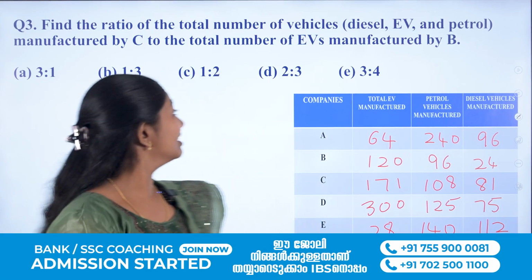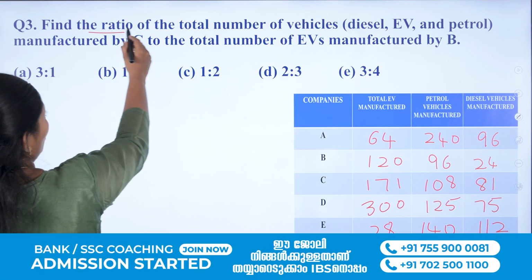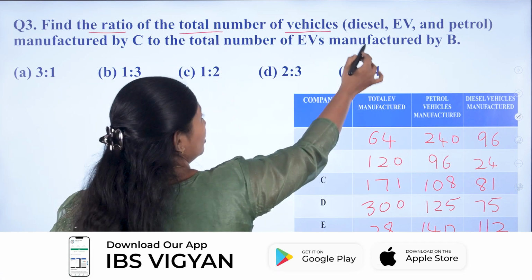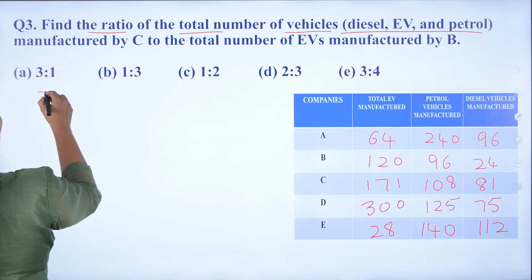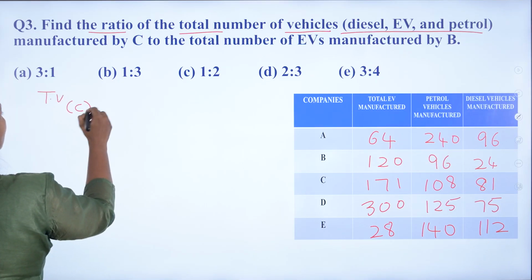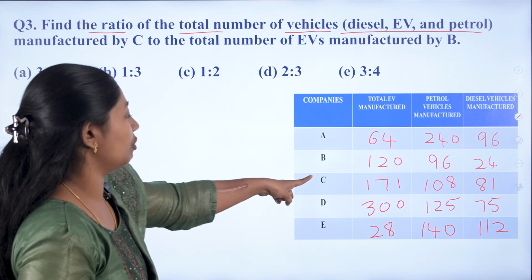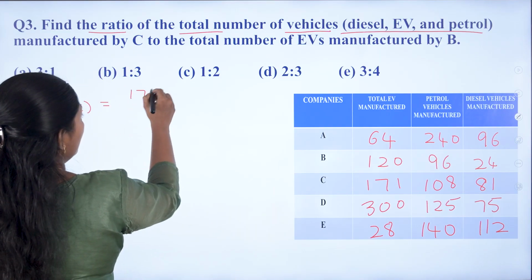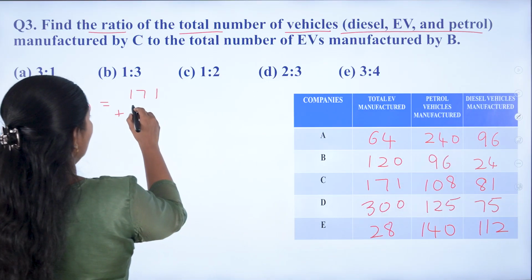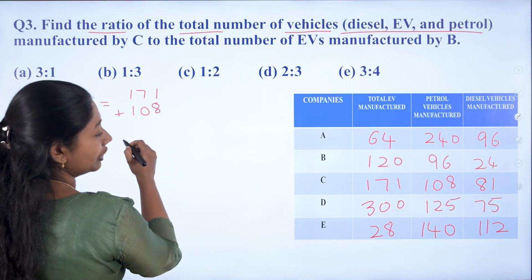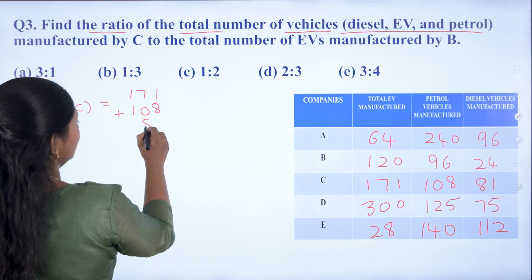So next one, third one, find the ratio of the total number of vehicles, that is all the three, diesel, EV and petrol, manufactured by C. So total vehicles manufactured by C. C means how much? 171 plus, that means total EV, total petrol and total diesel, 81.